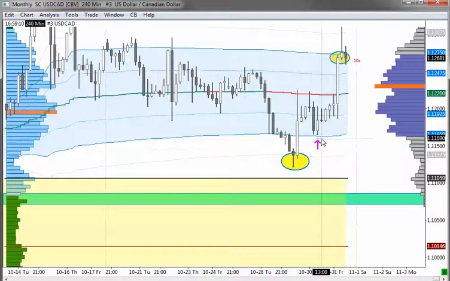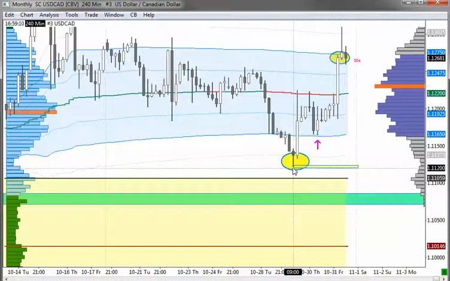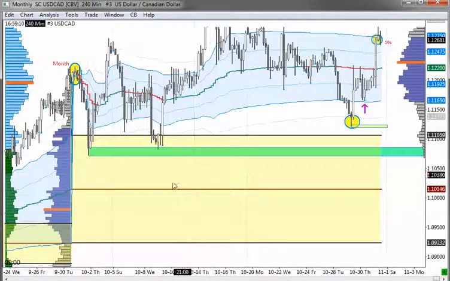If we had come down below the support and closed below here, then targets would be down to the low from this bar here, which is a 9 a.m. bar, and then if you go below that and you get into the previous month's value area, then I would have expected this thing to come all the way down into this green box, if not lower.